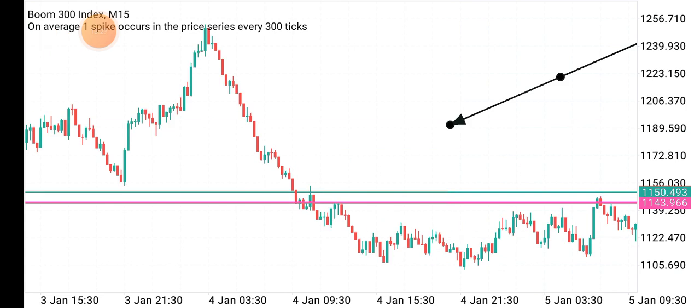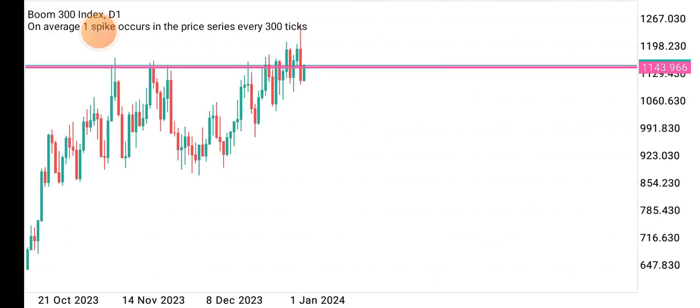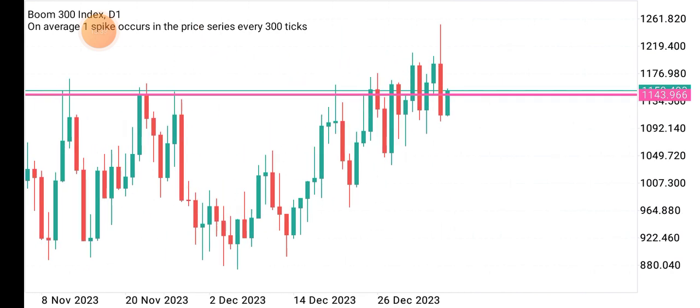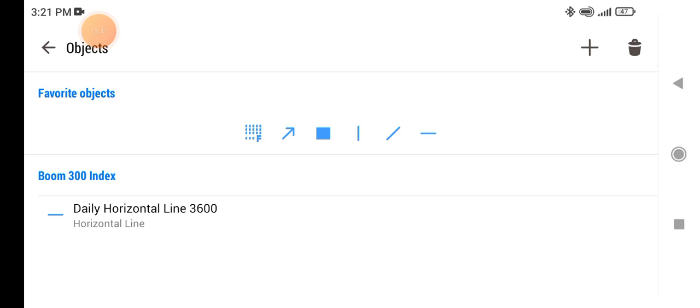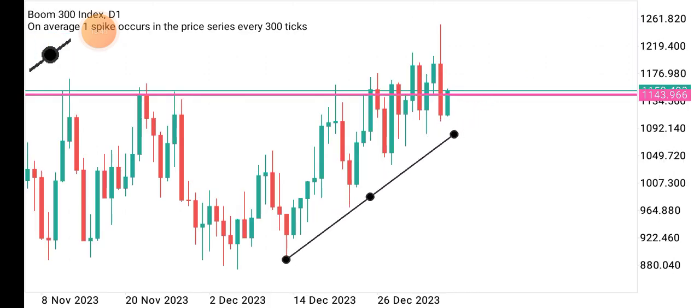So in this case, I want to consider the daily time frame again, looking at the structure that was there. If I want to know where to take my profit or close the trades, then I will look at, you see the market has been bullish. It's been giving a kind of channel pattern at this point.